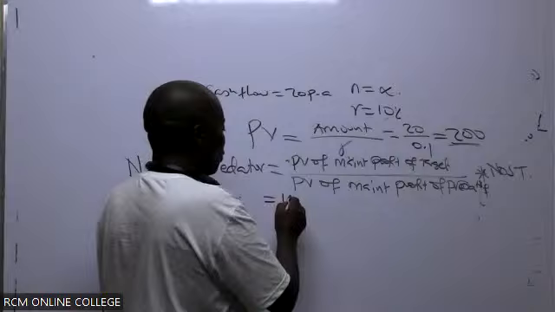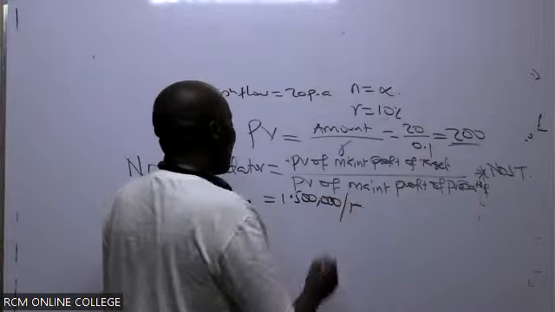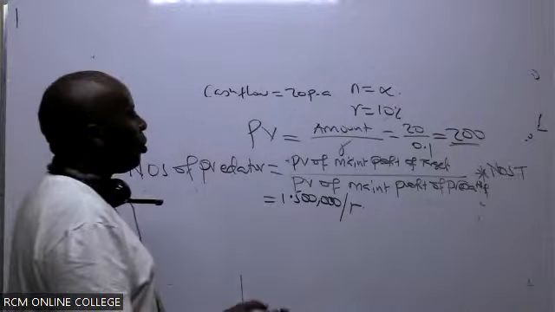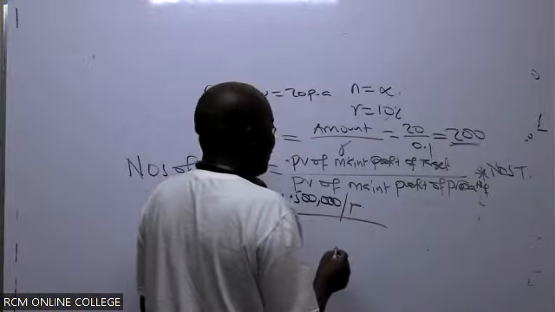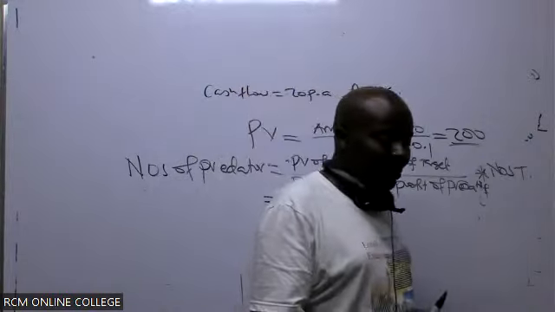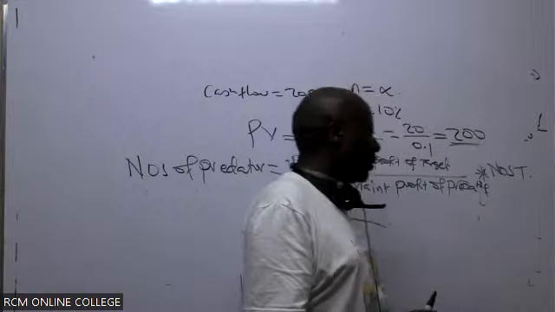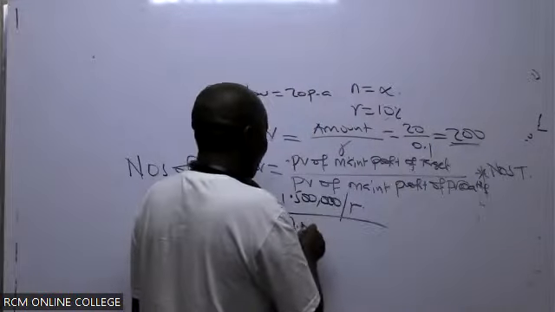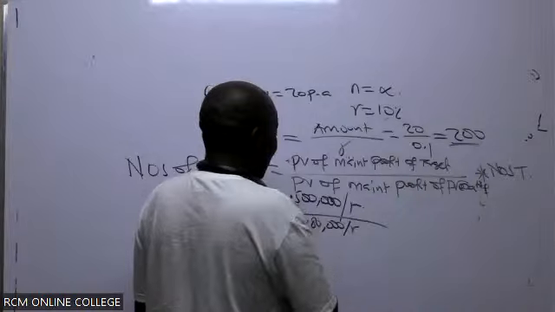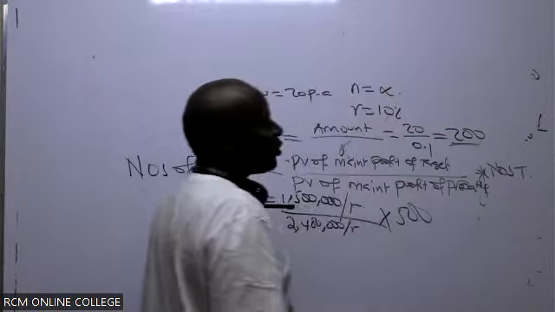So divide by the cost of capital of that Barrow company, all over the present value of maintainable profits of the predator, which is 2.4 million, divided by R, times, of course, our 500 number of ordinary shares of the targeted company.